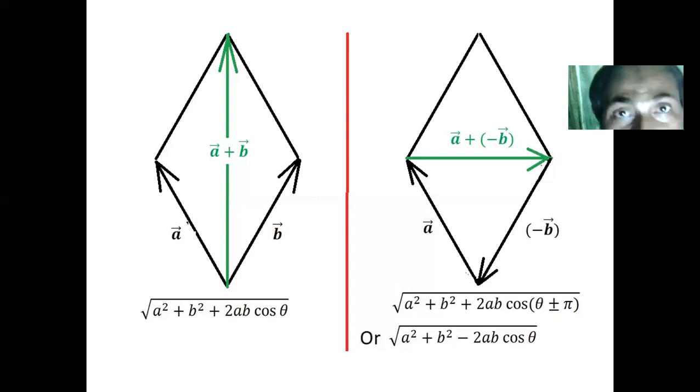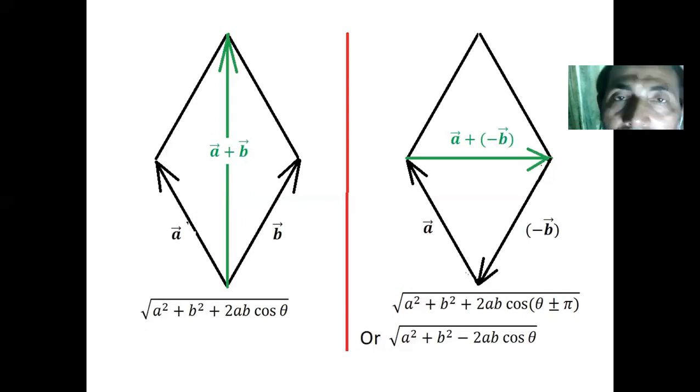At the left side, you are seeing a figure where the two vectors have their tails coincident, and the magnitude of the resultant vector is A square plus B square plus 2AB cos theta. In the other case, at the right side, you have to incorporate the change in this way.